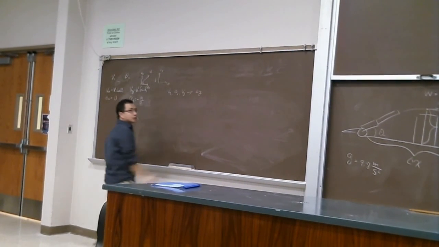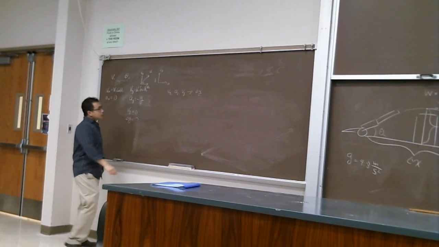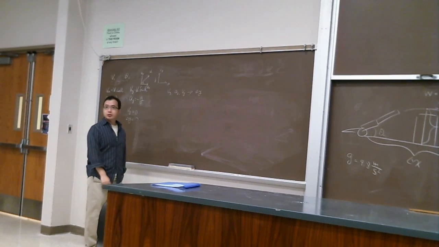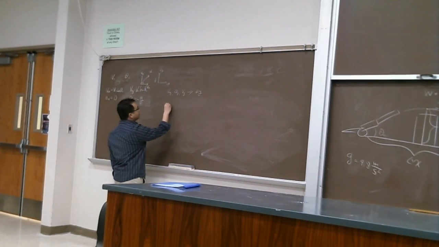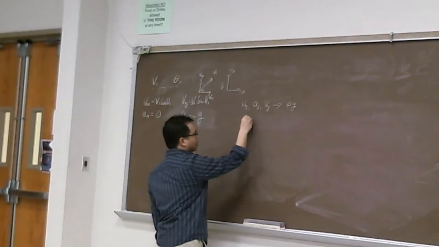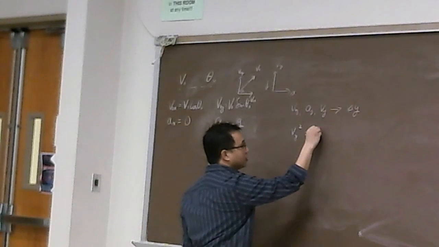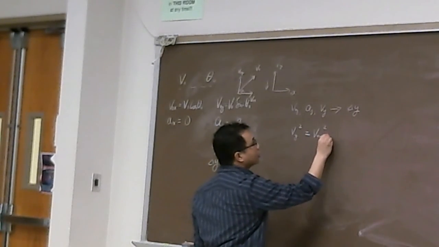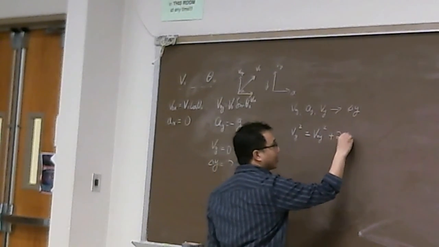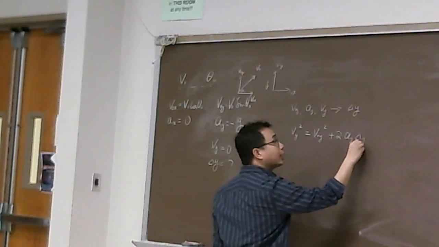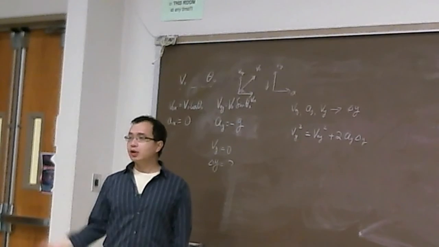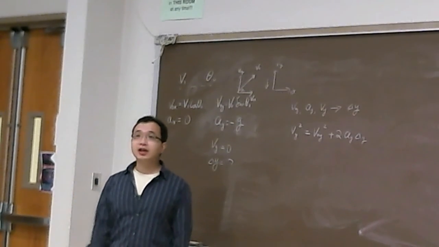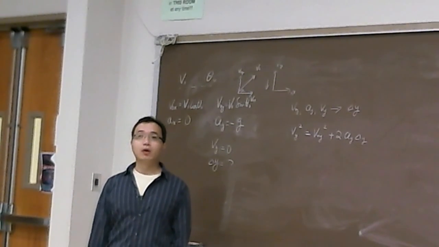The equation, you can go back to check your equation. You can use this one: Vy squared equals V naught y squared plus 2 ay delta y. And of course, the equations are given in the original form.